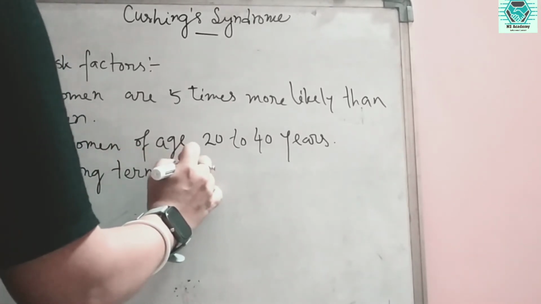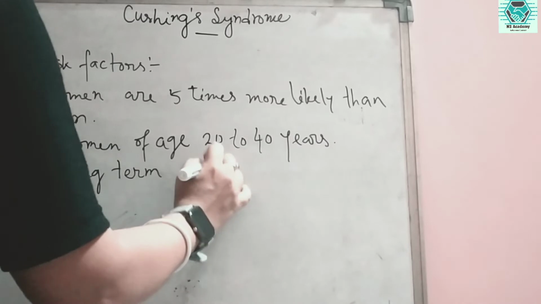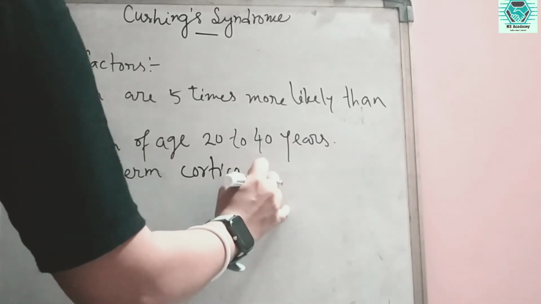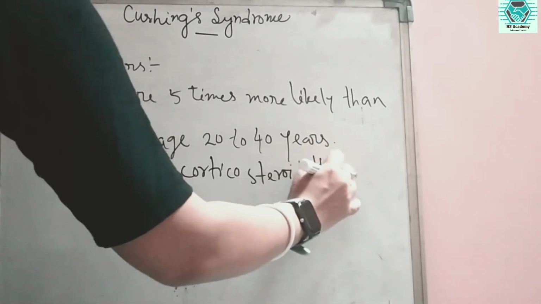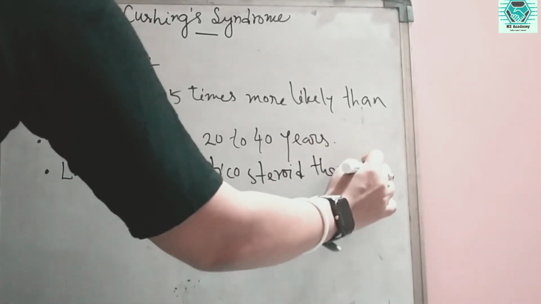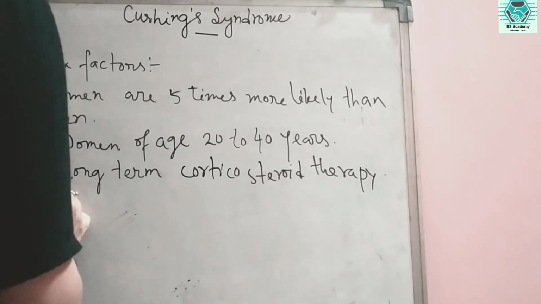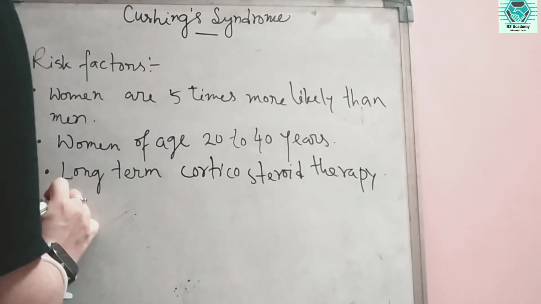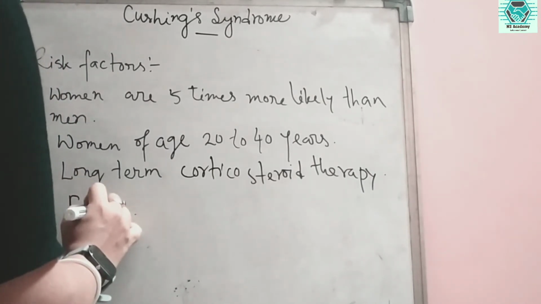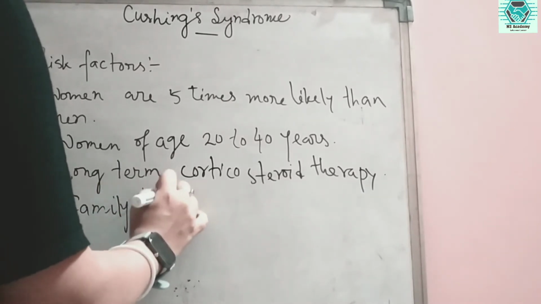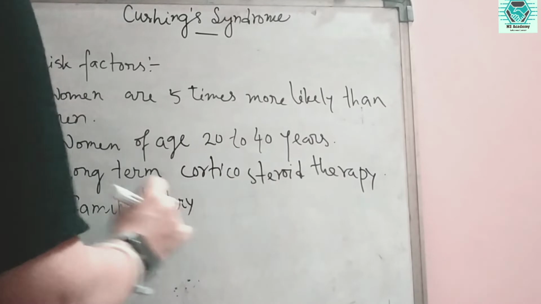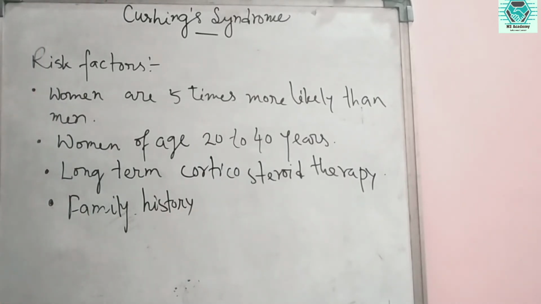Long-term corticosteroid therapy is also one of the causes, and of course family history. So these are the likely risk factors due to which Cushing syndrome occurs.